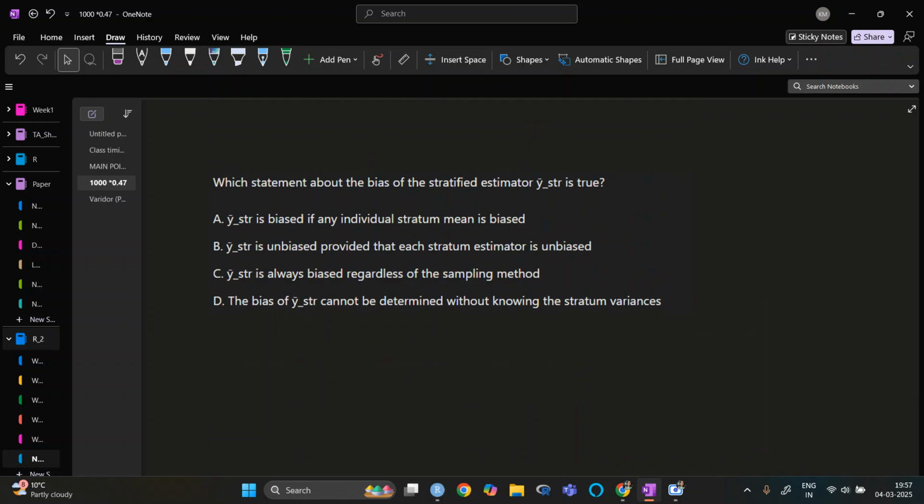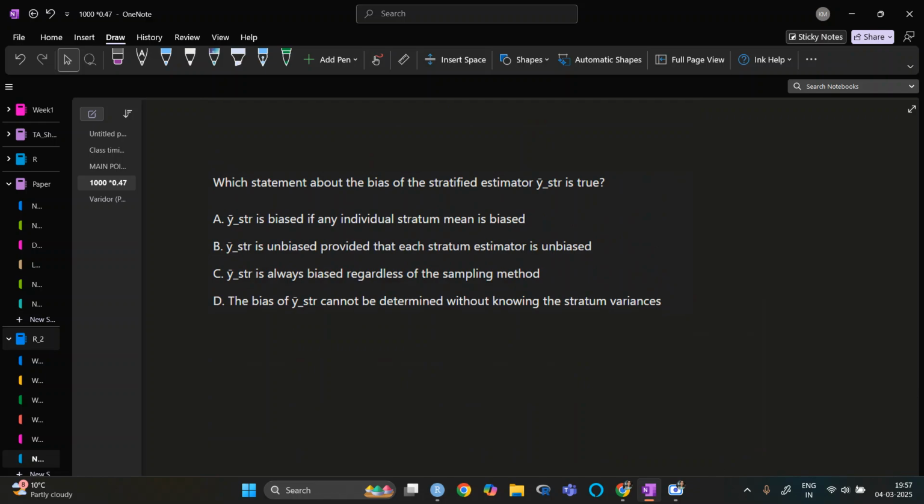Y bar str is always biased regardless of the sampling method. And the biasedness of y bar str could not be determined without knowing the stratum variance. So the last one is incorrect, because we do not need the stratum variance to find the biasedness of y bar str. The C option, that it is always biased, is also not true.